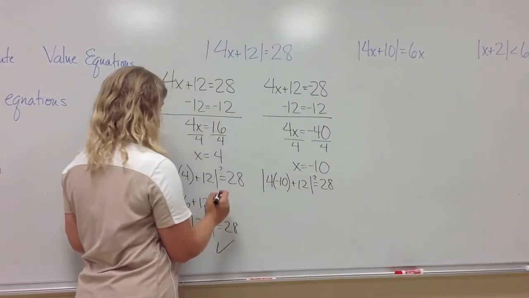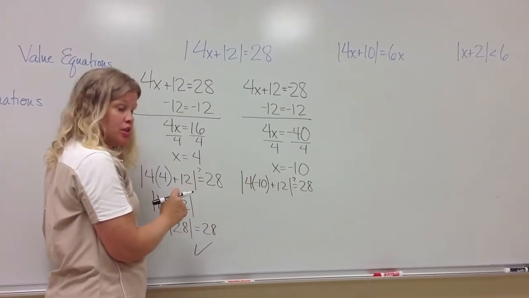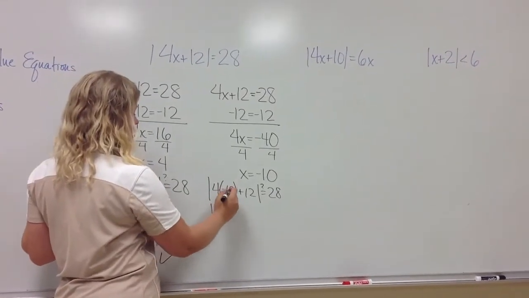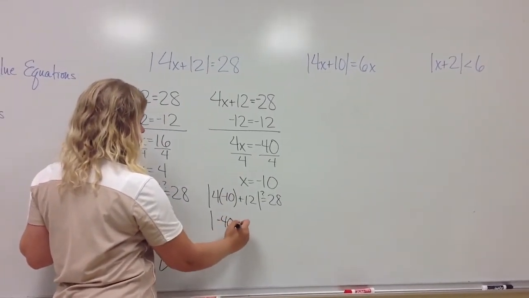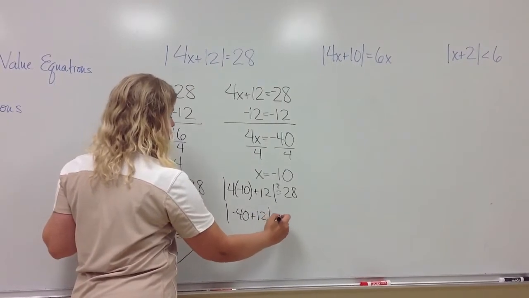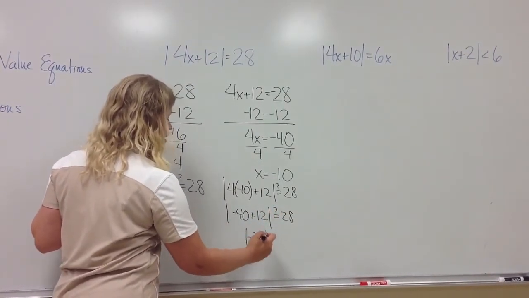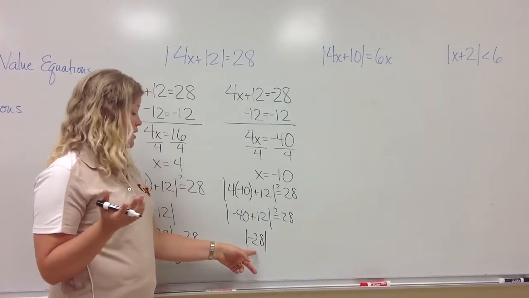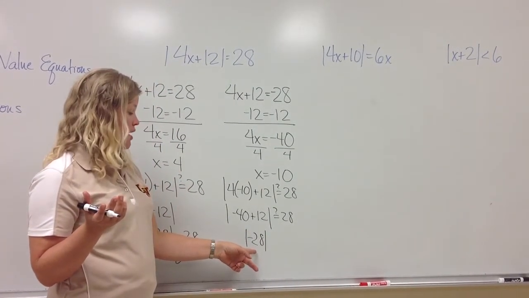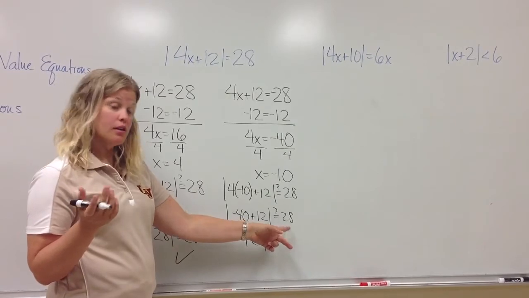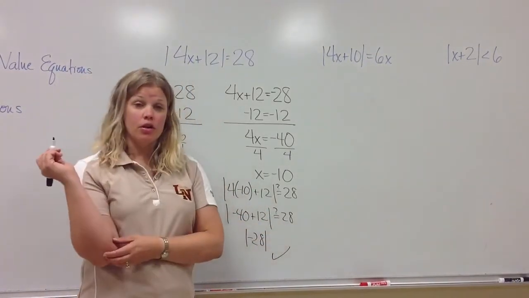And sometimes you might see in a math book, they put that question mark above. What is 4 times -10? -40. What's -40 plus 12? Well, I think it's -28. And here's my question. Is the absolute value of -28 28? It is, so this works.